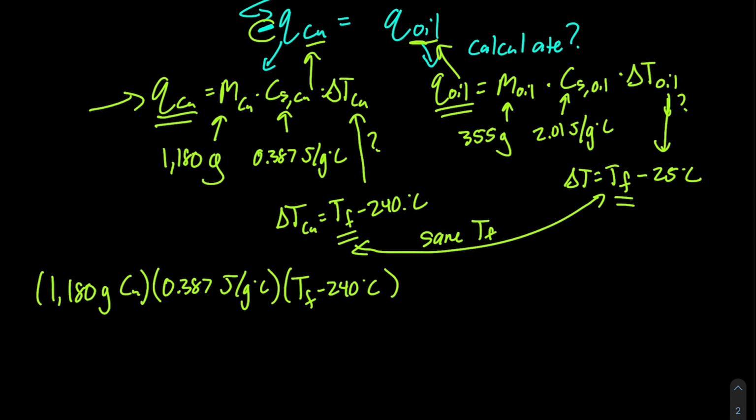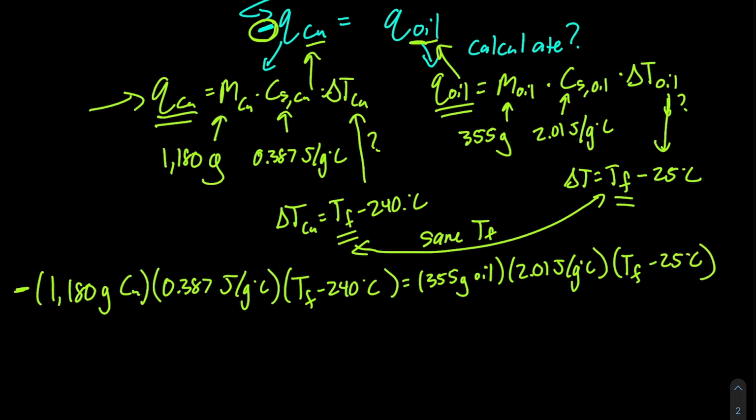Again, we put this negative sign out front of our copper there. That's going to be equal to the expression that we set up for the oil: 355 grams of oil, our specific heat capacity, 2.01 joules per gram degree Celsius, and then the temperature change, final minus our 25 degrees Celsius.